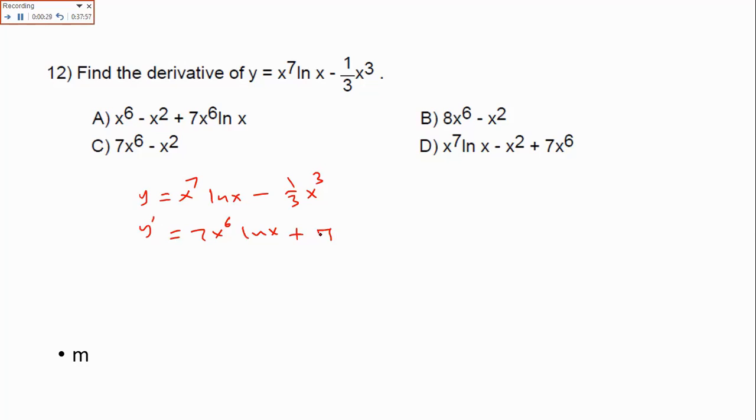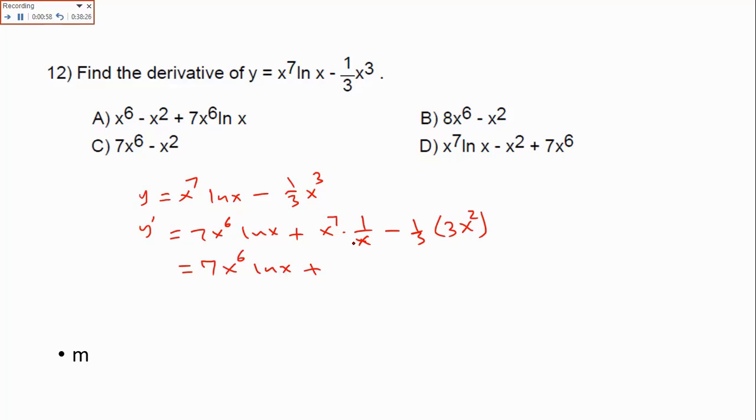So it will be x to the power 7, and then the derivative of ln x is 1 over x, correct? And then minus 1 over 3, and the derivative of x cubed would be 3x to the power 2, correct?